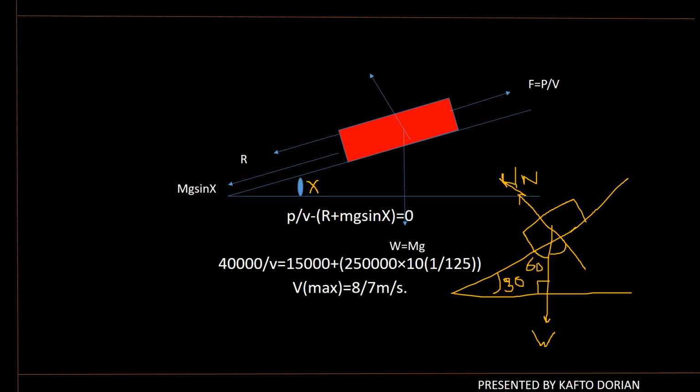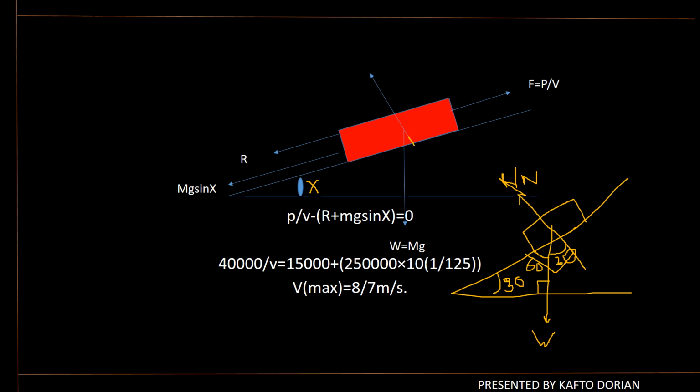Because you realize that the angle acting from here to this plane is a right angle triangle, so here shall be 30 degrees. So you can assume or you realize that the angle here is the same as the angle here, so assume that the angle that is here will be the same as the angle that is here.